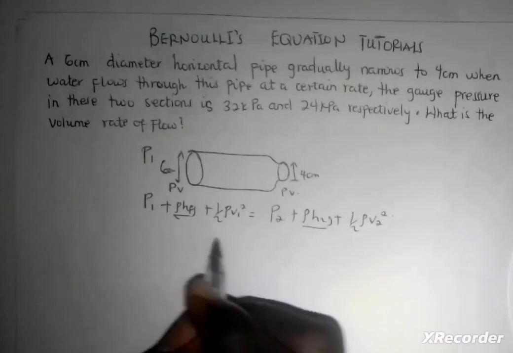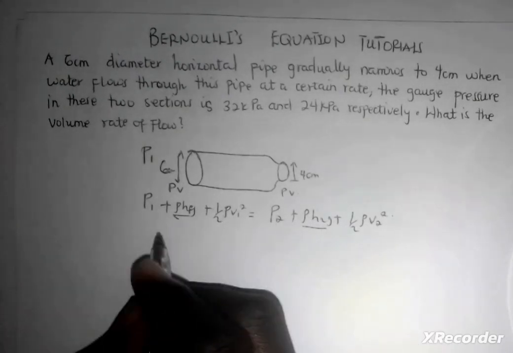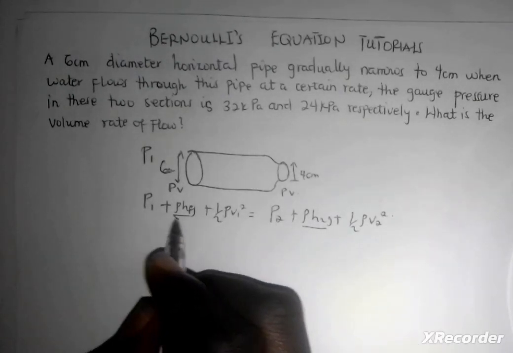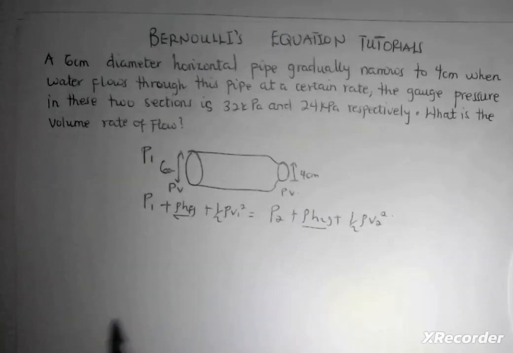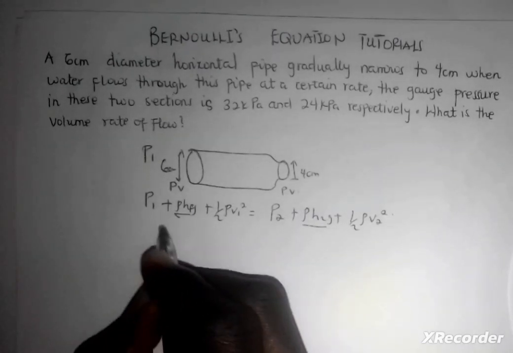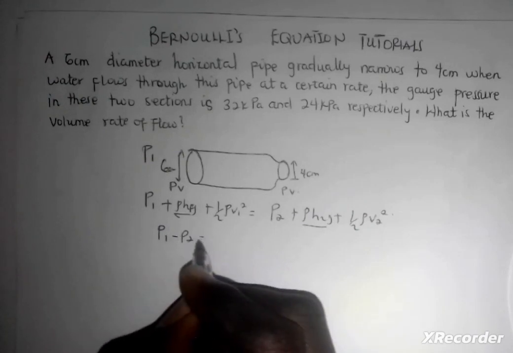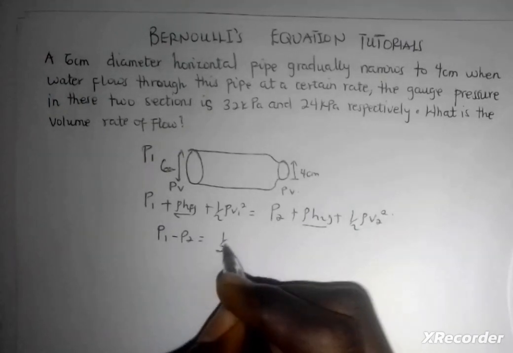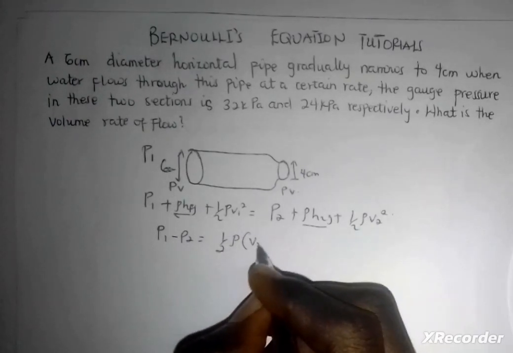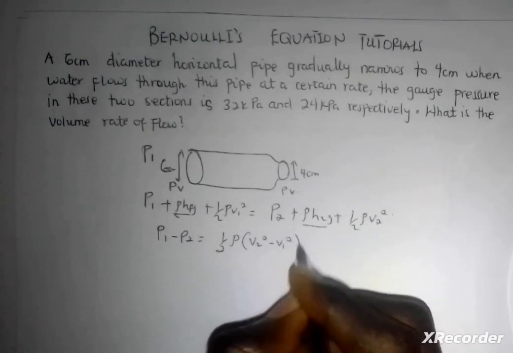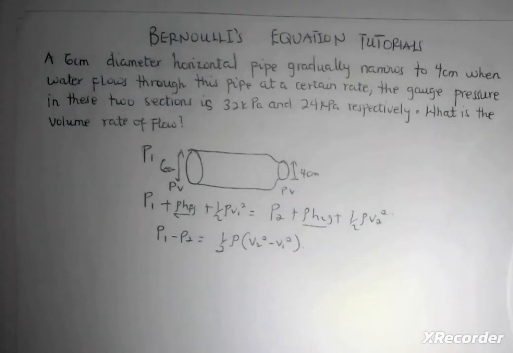So therefore I'm going to have the change in pressure on one side and the change in velocity on the other side. So I'll have P1 minus P2 equal to half rho times open bracket V2 squared minus V1 squared, like this.